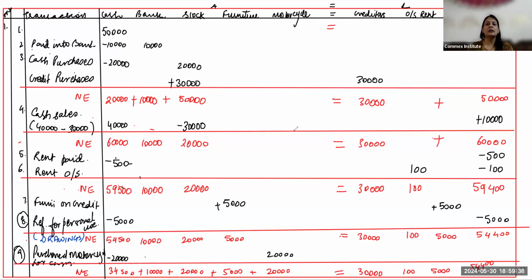And with the help of the last accounting equation, please draw the balance sheet, everyone. On the asset side, you'll have cash, bank, stock, furniture, motorcycle. On the left hand side, you'll have creditors, outstanding rent, creditor for furniture and capital. Draw the balance sheet, please.